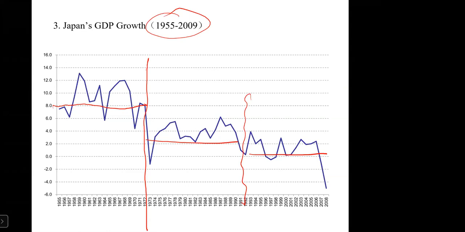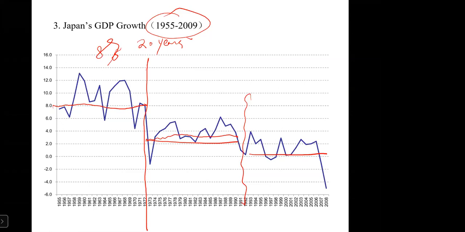So overall, what we saw in Japan: first, after World War II, as it recovered from the war, the growth rate was very high, 8%. It lasted for around 2 decades, or 20 years. Then the economic growth rate slowed down to around 2 to 3%, like a mature economy experience, for example the US.